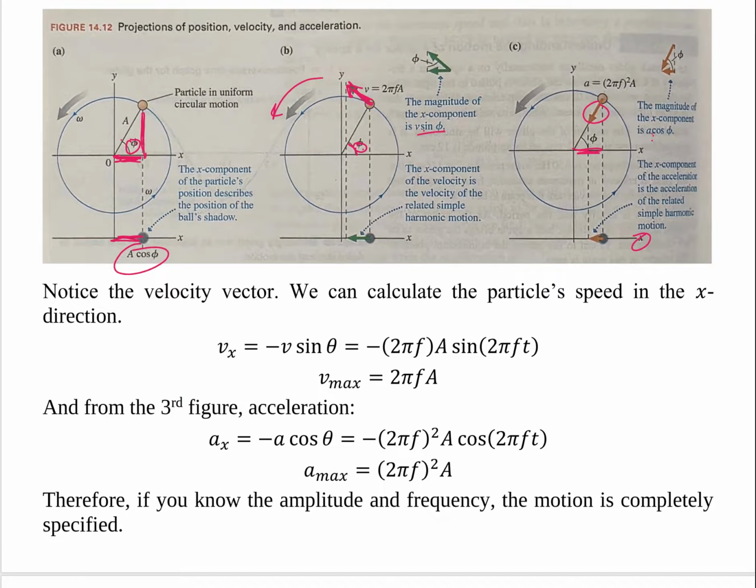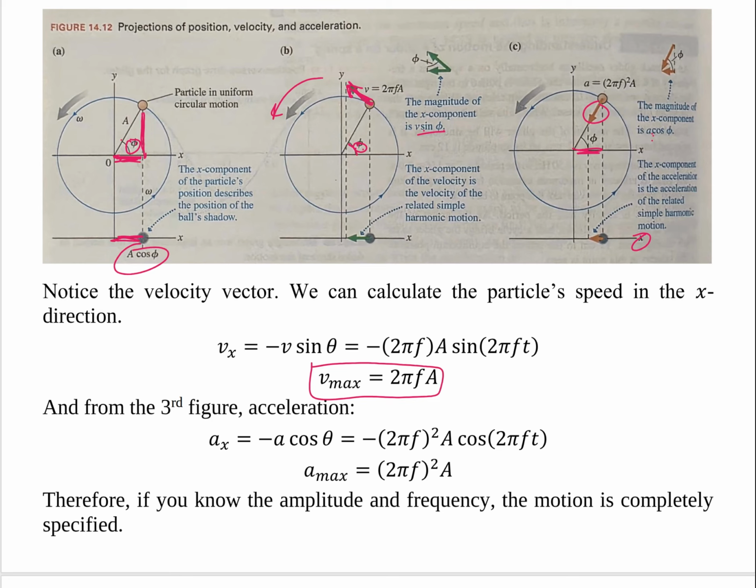So with the velocity vector, we can calculate the particle speed in the x direction. Vx equals negative velocity times the sine of theta, or we could say v is 2 pi times the frequency times the amplitude sine theta. So we wind up with this equation right here. The maximum velocity is 2 pi times the frequency times the amplitude.